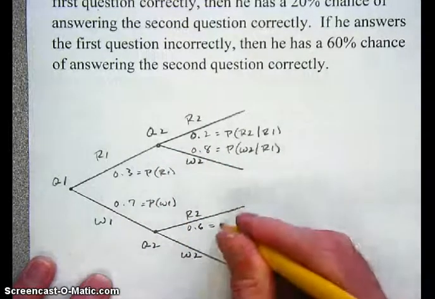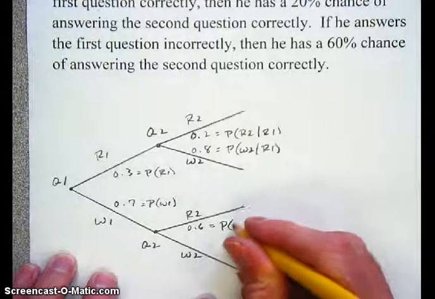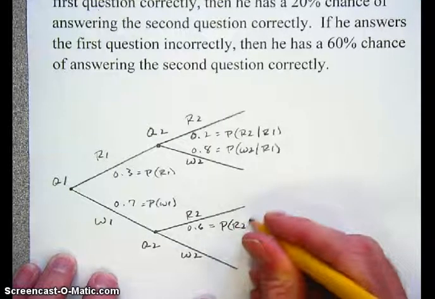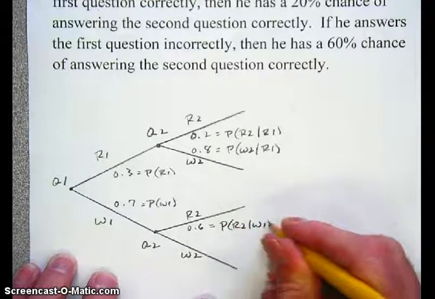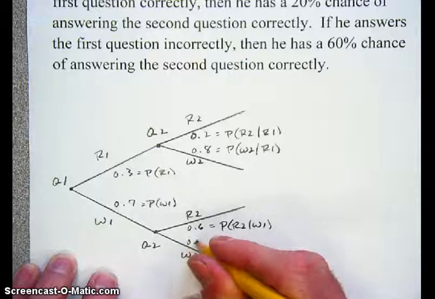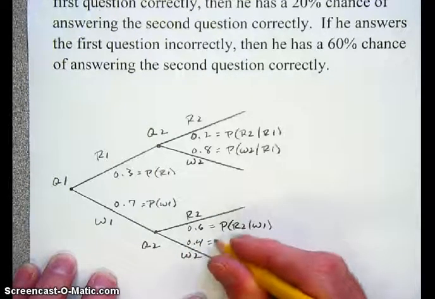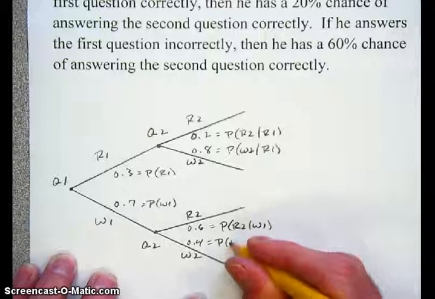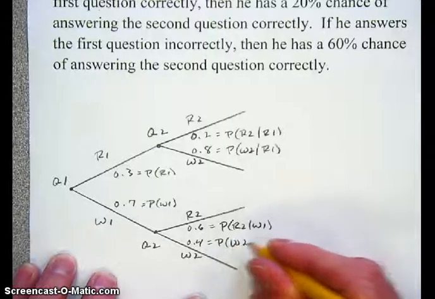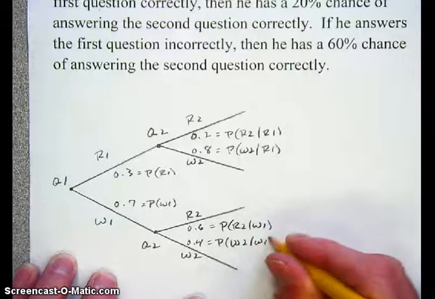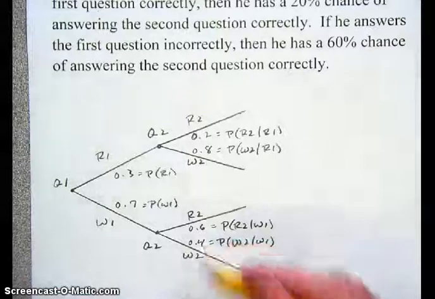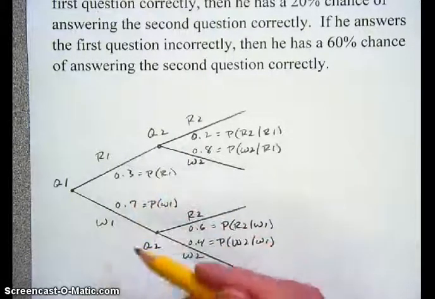It's the probability that they get the second question right, given that they got the first question wrong. And then there's a 0.4 chance that they'll answer the second question incorrectly. That's a conditional probability of getting the second question wrong, given that they got the first question wrong. So all four of these probabilities are conditional on what happened over here.